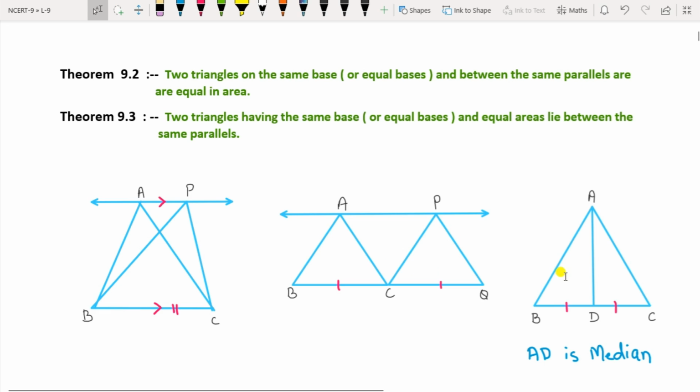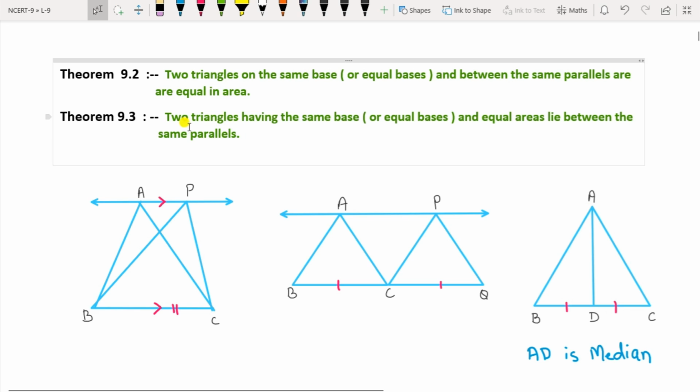Now if in a triangle there is a median here, the median divides the triangle into two equal halves. So the area of triangle ADB will be equal to the area of triangle ADC, right? And the second part is theorem 9.3, which is the converse of the first one.